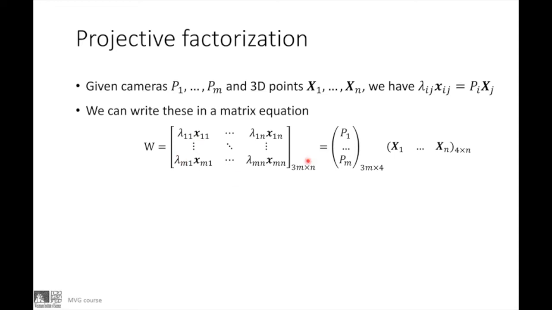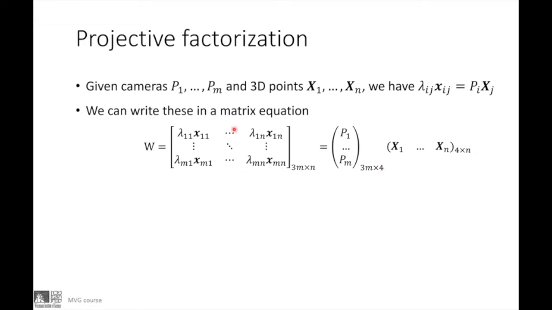This matrix is essentially a product of two matrices: the matrix of cameras P1 to Pm times the matrix of points X1 to Xn. You see, if I want lambda 1,1 x1,1, I get it equal to P1 times X1. These matrices are of size 3m by 4 and 4 by n.